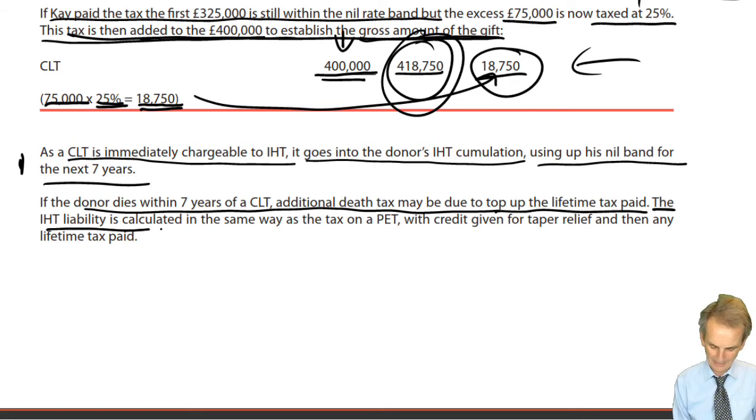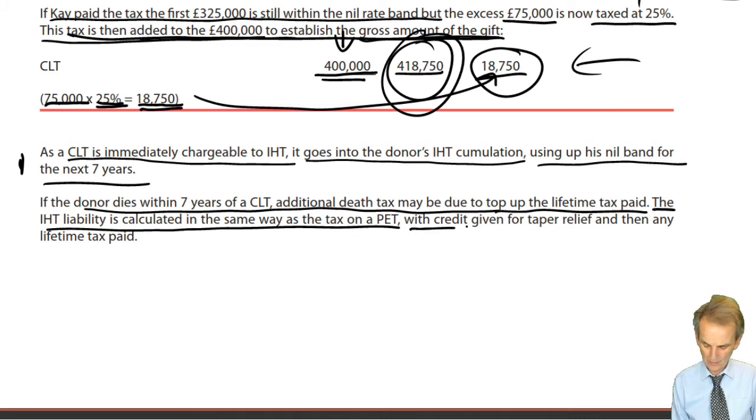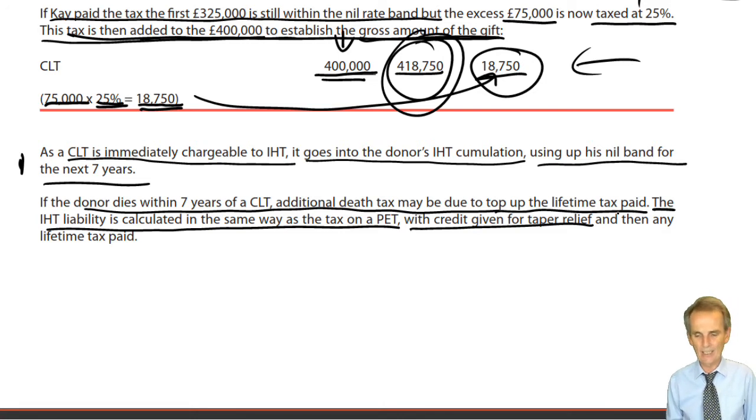The IHT liability is calculated in the same way as the tax is on a PET, with credit given for taper relief, as it would be with a PET, i.e. the CLT or the PET is within 7 years of the death of the taxpayer, but is more than 3 years from the date of death.